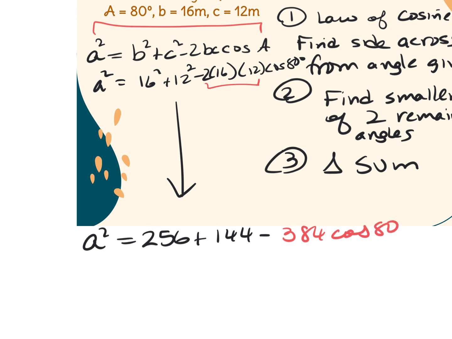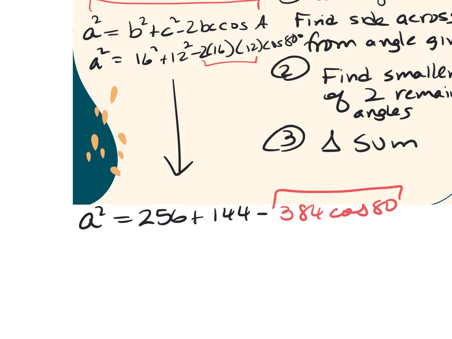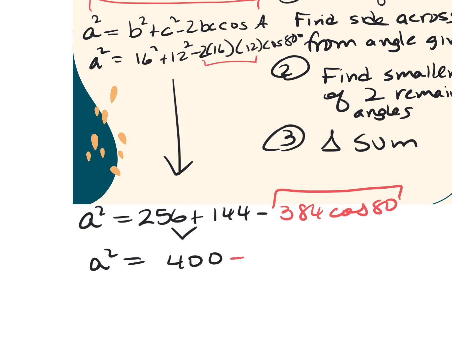Do not be tempted to take care of these numbers first, because again, remember, this quantity is being multiplied and you need to get that number. You could go ahead and add the B squared and the C squared if you choose. But again, I can't stress enough, practice with your calculator.